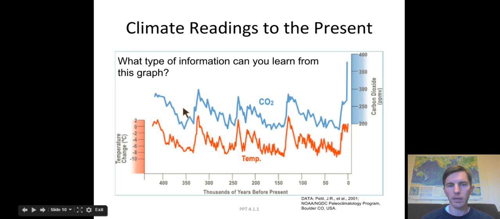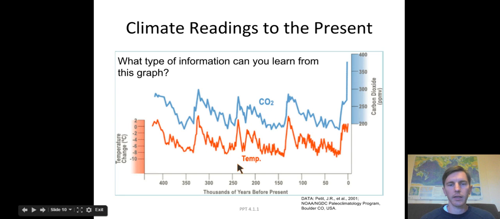And when I look at the lines on the graph, I see there's actually 2 lines on this graph. It's a little different from most graphs that I see, but that's okay. You can have this. Each line seems to represent a different thing. I see there's a blue line, and it's labeled with CO2. So I'm guessing that this line tells me something about the amount of carbon dioxide in the atmosphere.